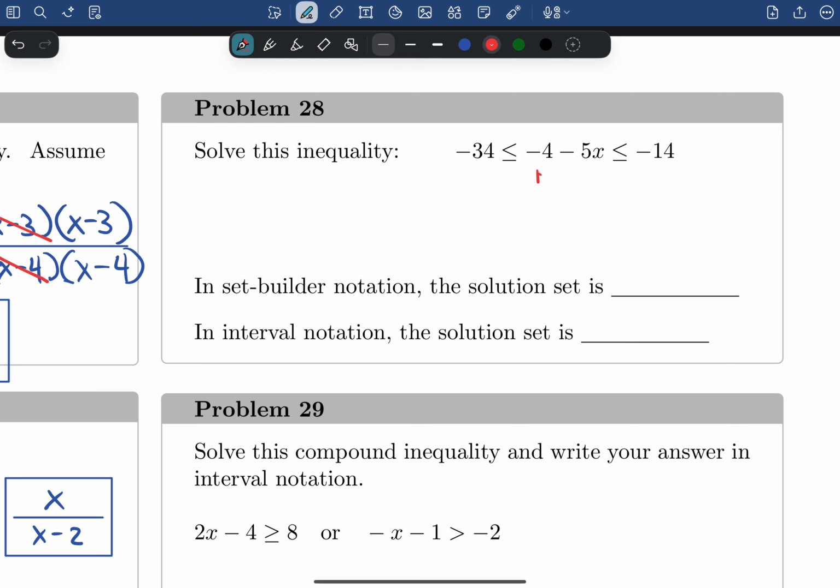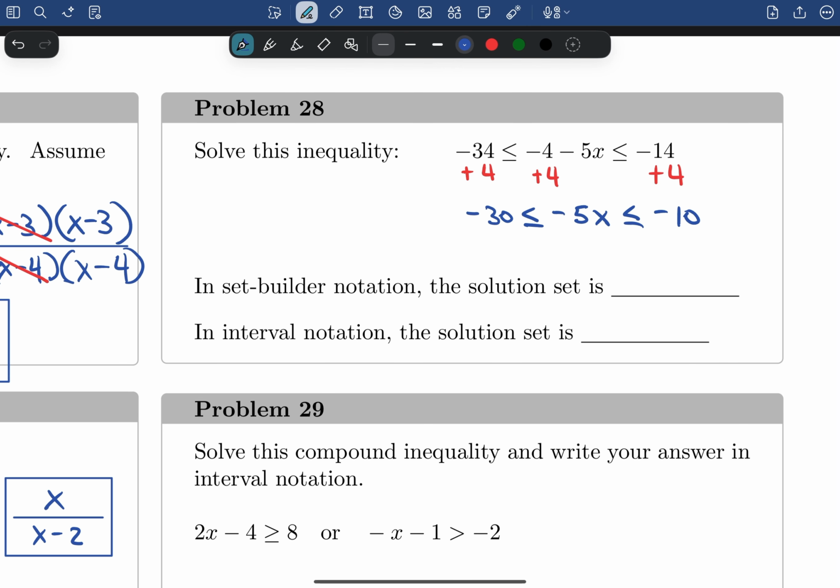So I'm going to add 4 in all 3 parts of the double inequality. Okay, and I'm going to rewrite my statement. Because negative 34 plus 4 is negative 30, which is less than or equal to negative 5x, which is less than or equal to negative 14 plus 4, which is negative 10.